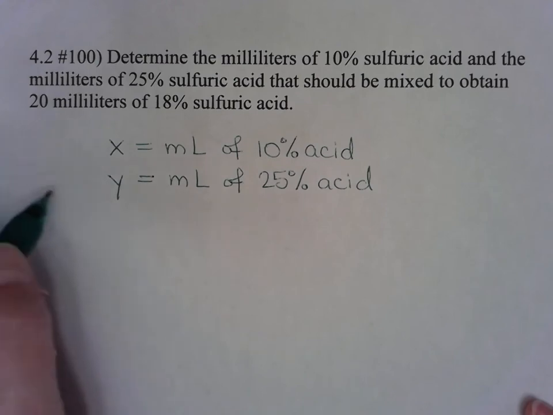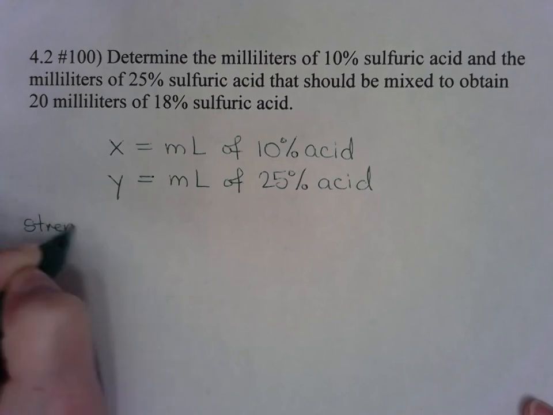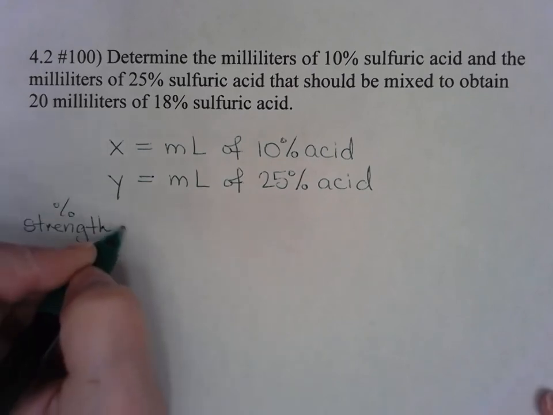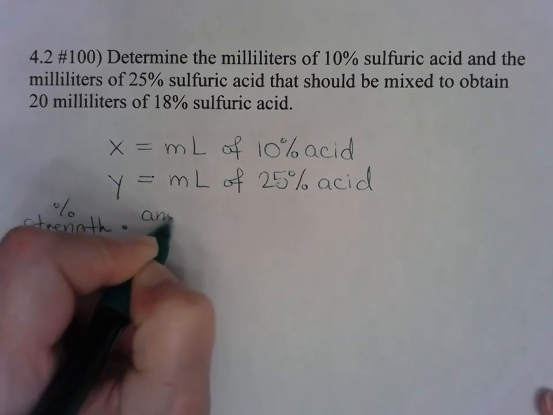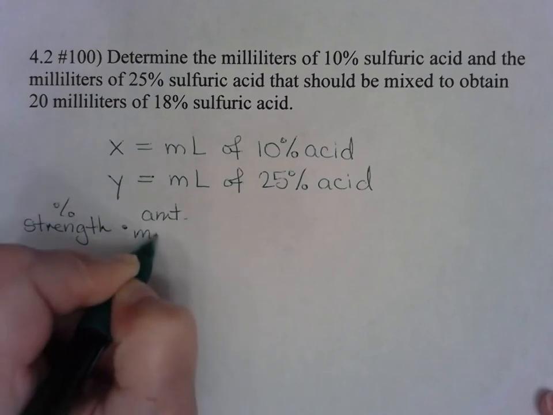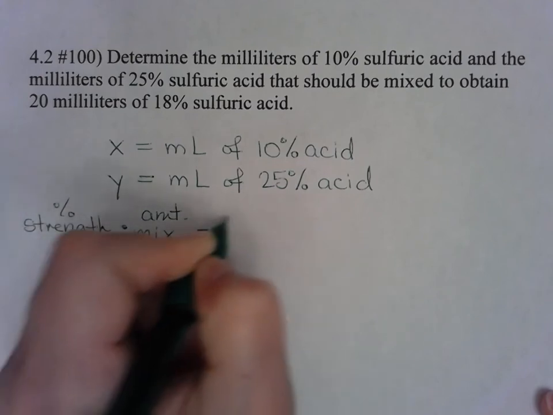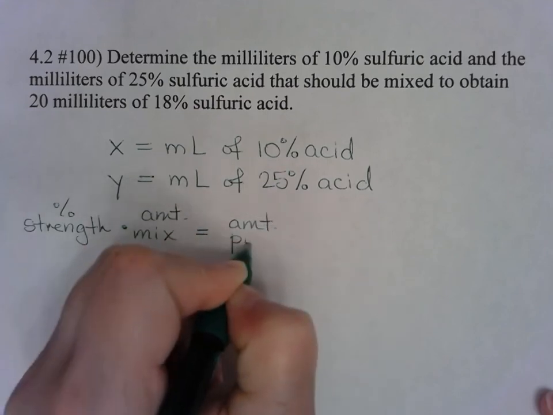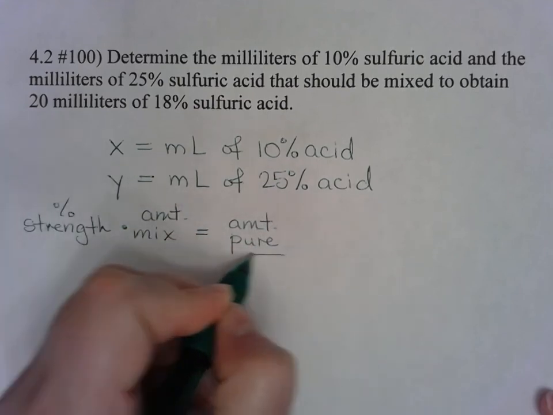I'm going to draw the chart in here just in case. I like the chart for these problems because there's so many numbers involved. Remember the relationship we use: the strength times the amount of mixture is equal to the amount of pure, in this case pure acid, right?